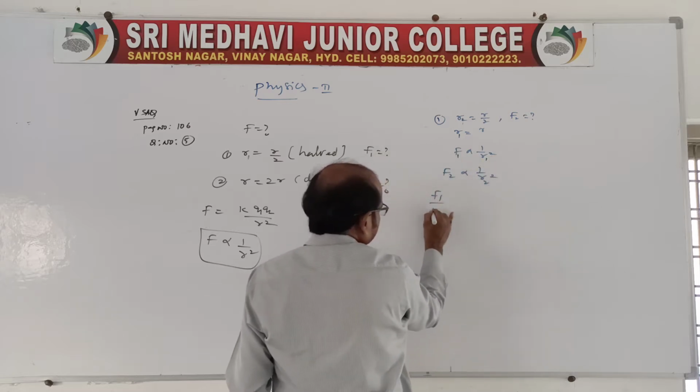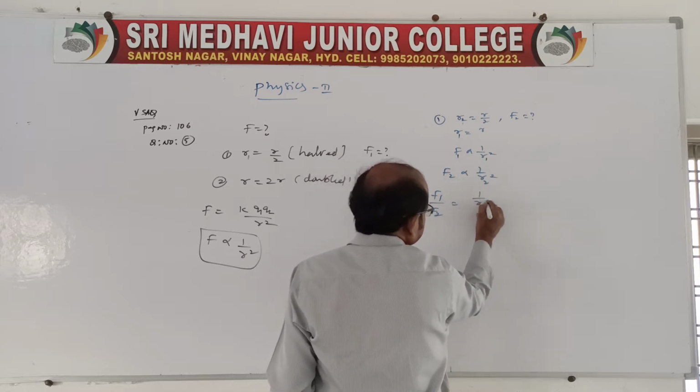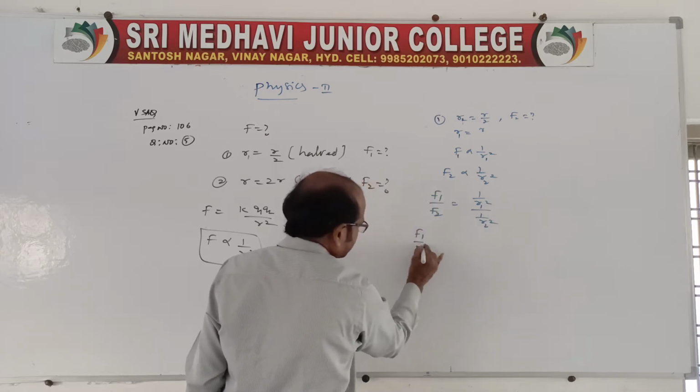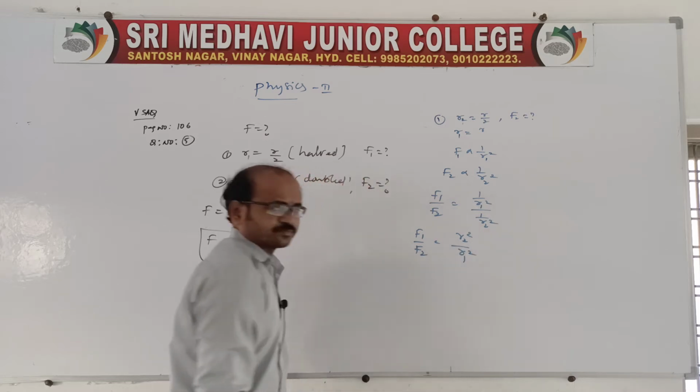So F1 by F2 is equal to 1 by R1 square by 1 by R2 square, so F1 by F2 is equal to R2 square by R1 square.